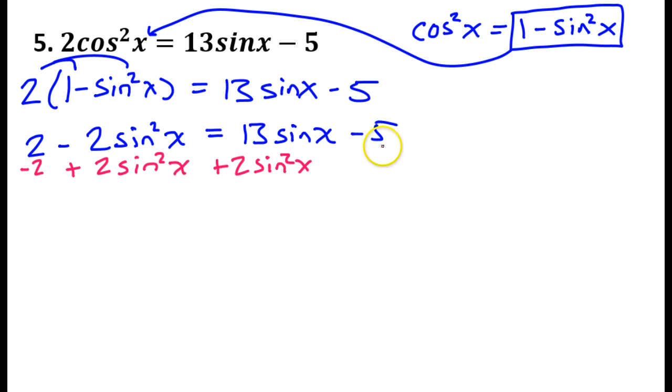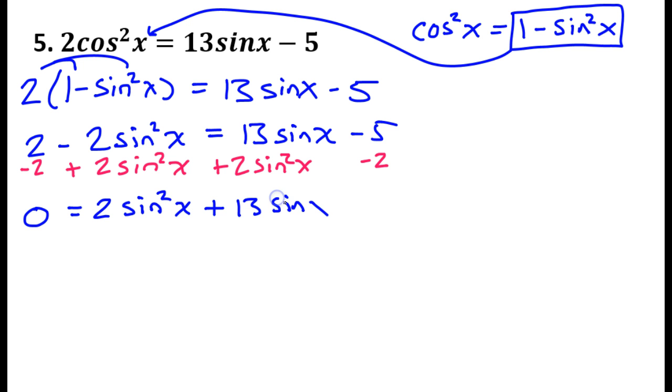And of course I'm going to subtract 2 from both sides. So that gives me 0 equals, these can't be combined, they are not like terms, so I'll just write them side by side: 2 sine squared x plus 13 sine x minus 7.